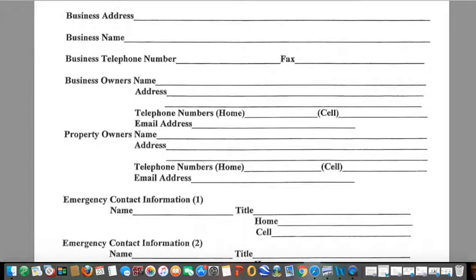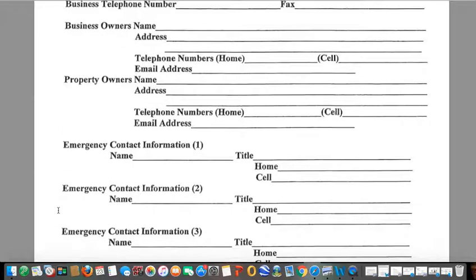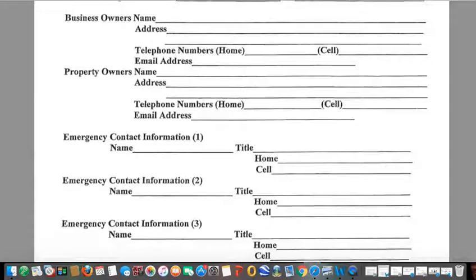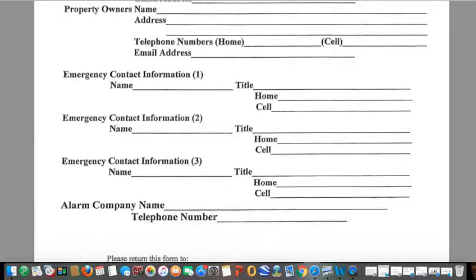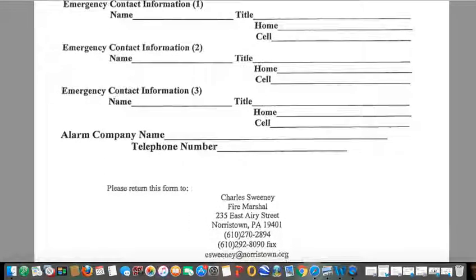Business owners' names, disregard. All you should really pay attention to is the property's owner's names. So that's, again, Tim Stover, PCBLT, dash Tim Stover. The address, and again, a cell phone number and email address. Emergency contact info, emergency contact info number 2, 3, simply disregard.